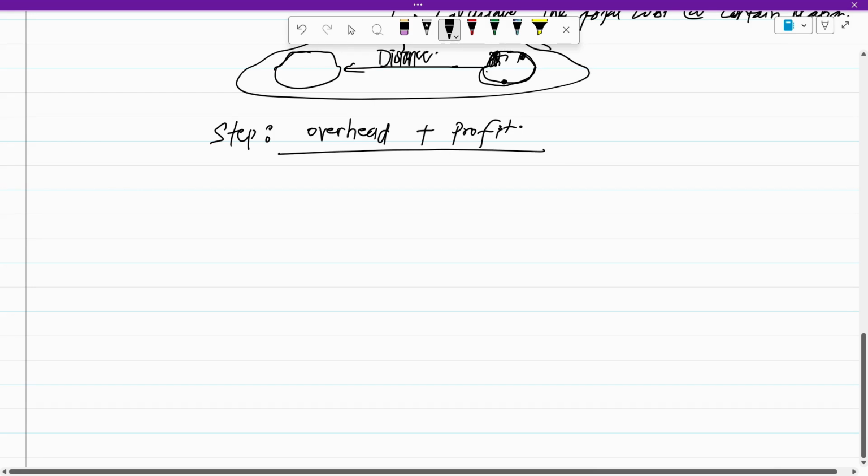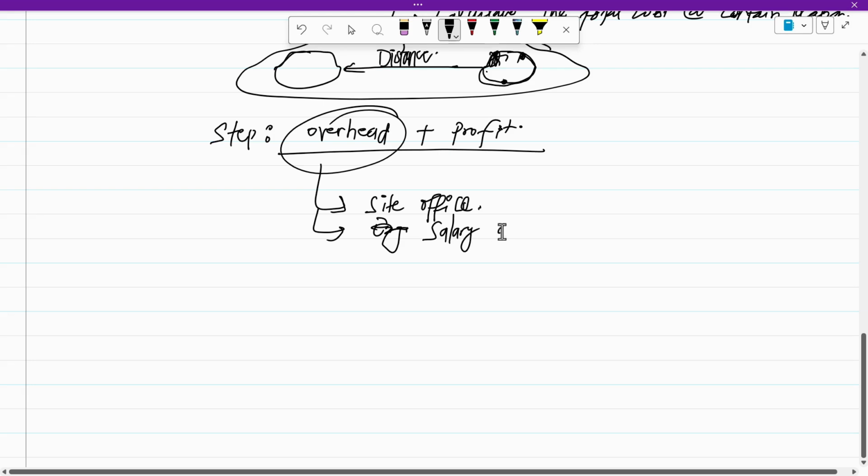So the overhead includes site office. If you are doing the concrete work, then site office is not the part of that particular concrete work, but it is in general over there, right? So it is not tied to any particular work. So engineers or supervisor salary, I'll say salary of staff.